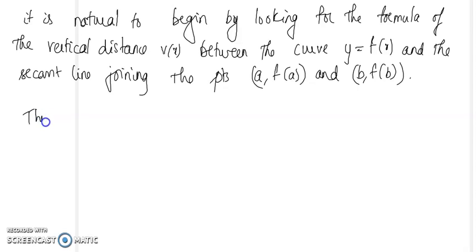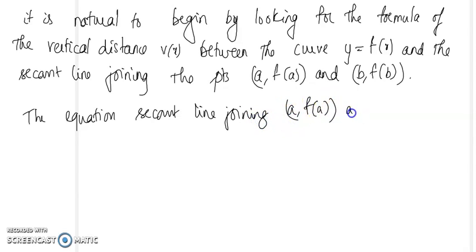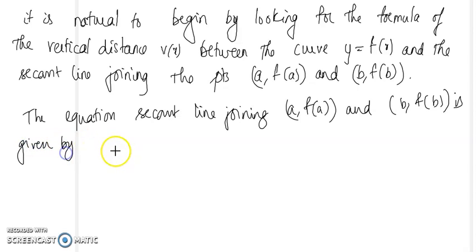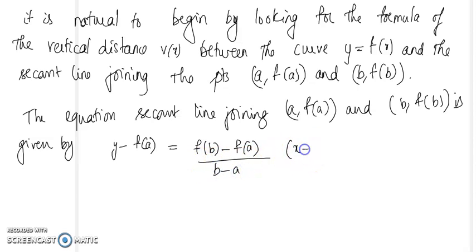So the equation of the secant line joining a, f of a and b, f of b is given by, y minus f of a equal to, so slope will be f of b minus f of a by b minus a into x minus a.